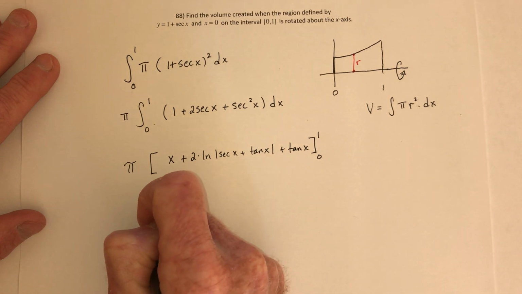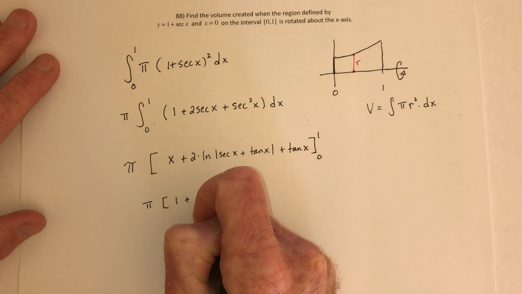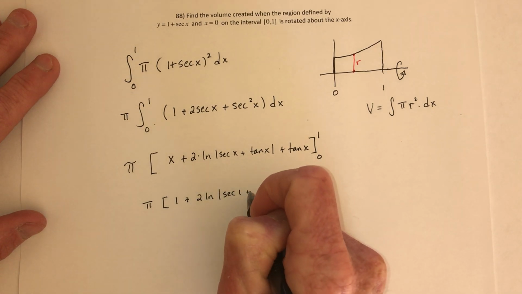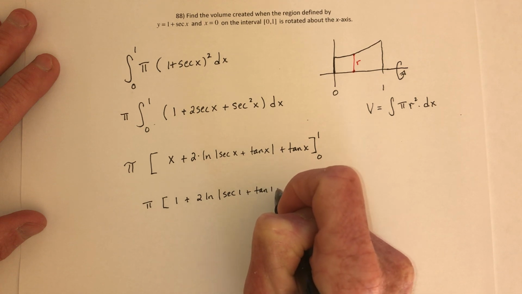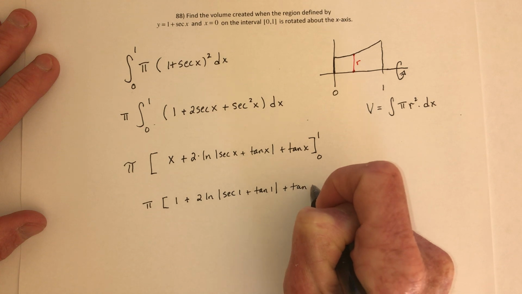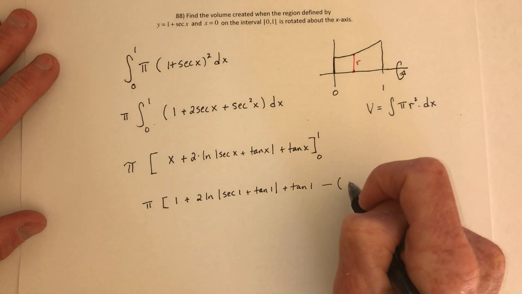So there's still the pi, and then there's going to be 1 plus 2 times the natural log secant of 1 plus tangent of 1, plus another tangent of 1, and then minus when you substitute a 0.